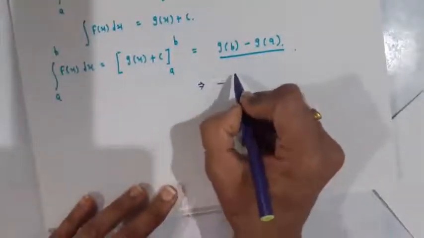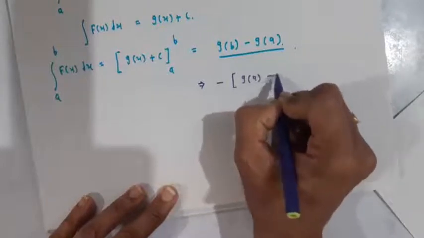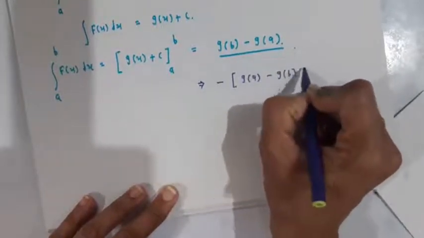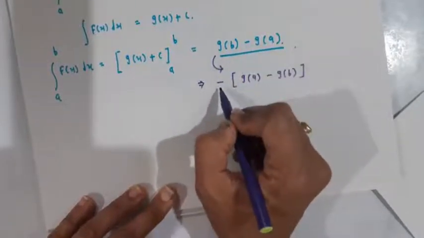Or also you can convert this by taking the negative sign outside. You can write this as equal to minus of g of a minus g of b. Okay, we can convert this by considering the negative sign outside.